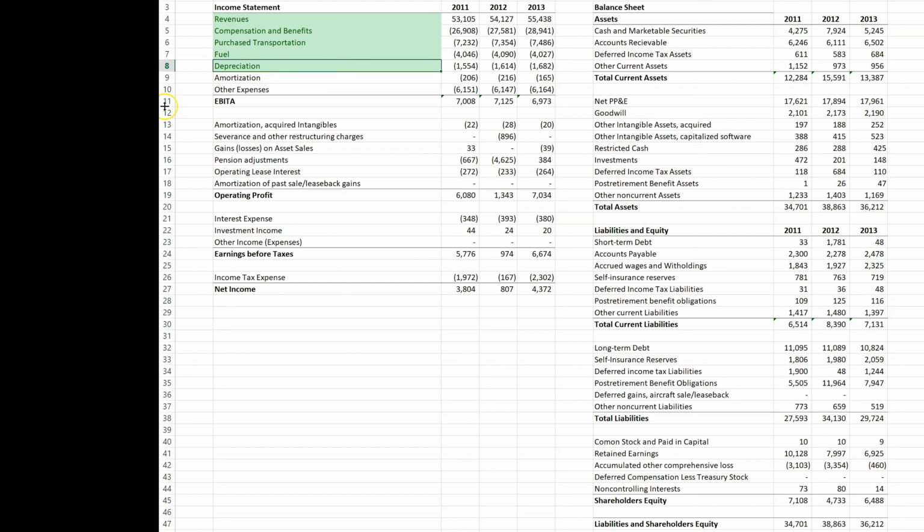Depreciation. Okay, depreciation is operating in nature. What we have to be careful with here is that although depreciation is sort of part of the normal operations of a firm, it is a non-financial, or maybe a better way to say it is a non-cash expense, right? So depreciation is just an accounting expense here.